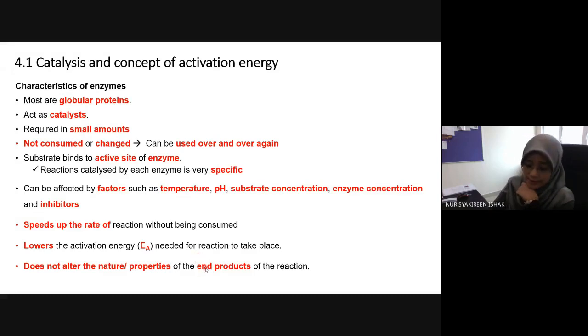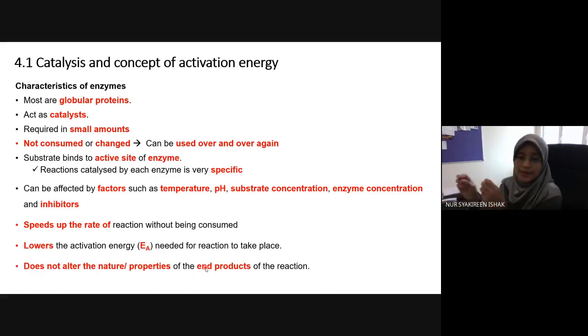So you have a substrate, and then the enzyme will catalyze the reaction by the substrate binding to the active site and produce a certain product at the end of the reaction. But without enzyme, the substrate can also be converted into the same product at the end of the reaction.